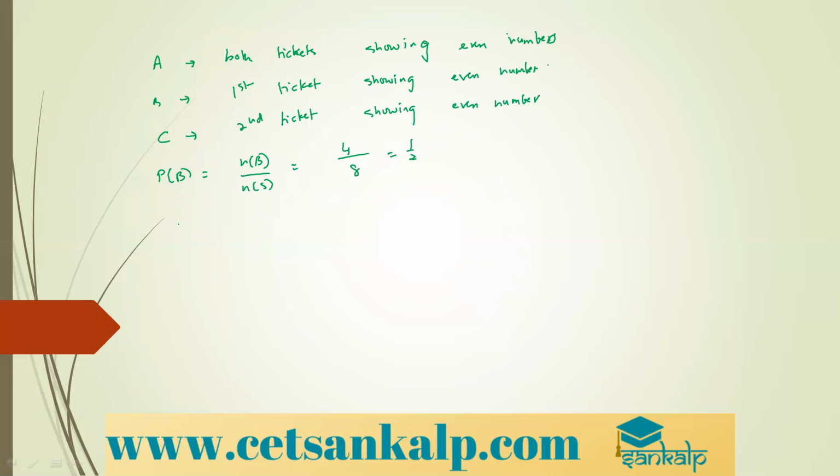Now after B has happened, next what happens is N of S has only 7. Right? And then N of C, because out of 4 even numbers, one even number is already taken.